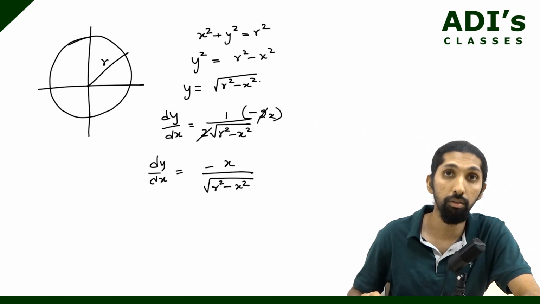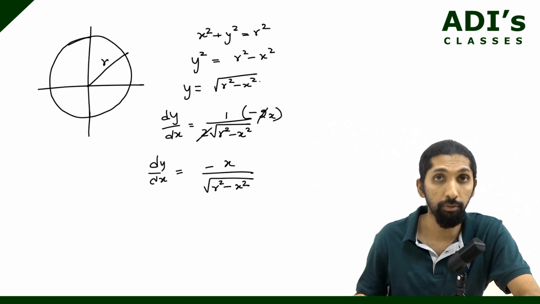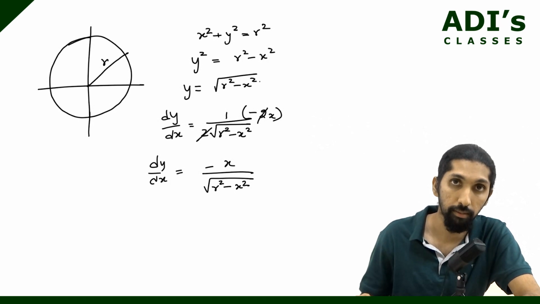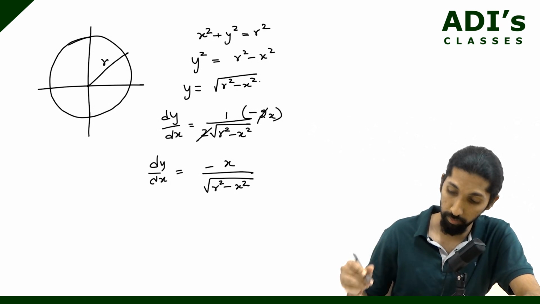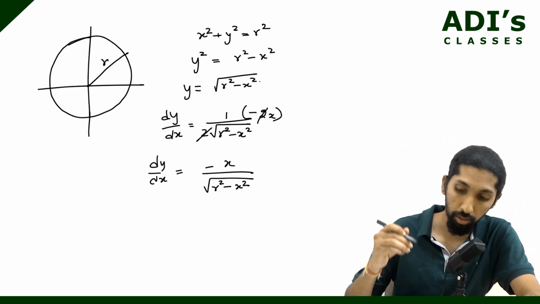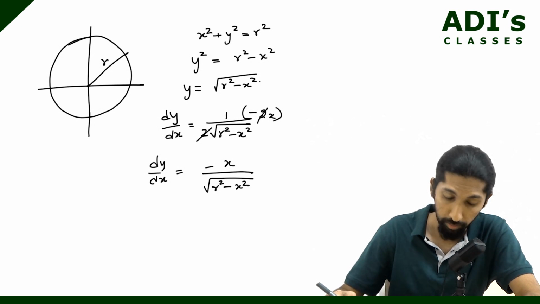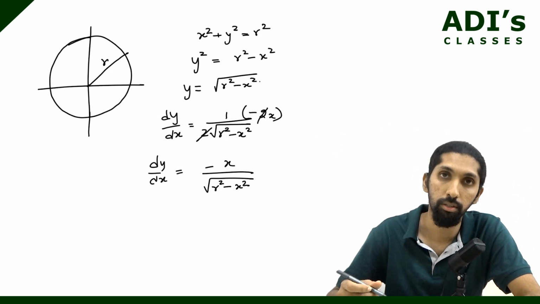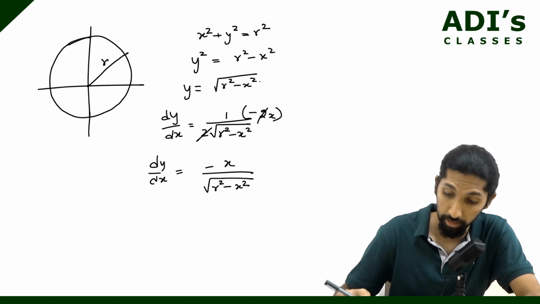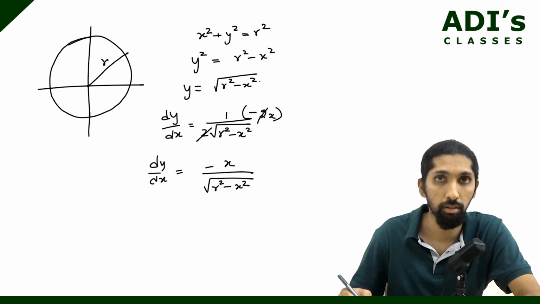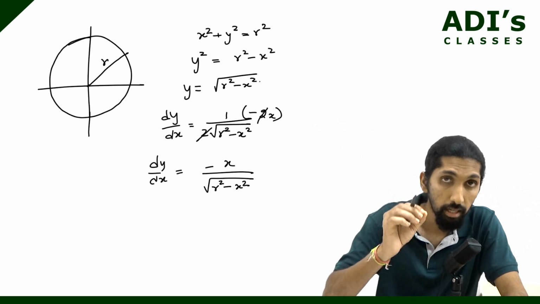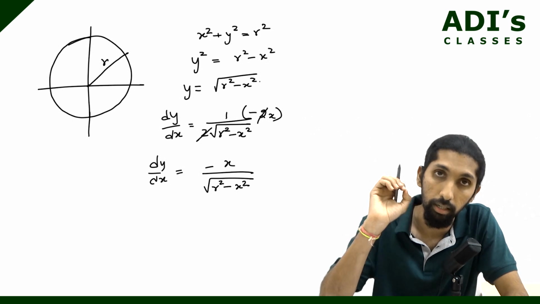Now we got this value. What we need to do is frame a differential equation, isn't it? Once you have this value, we don't have this dy by dx in the equation, right? We still have that arbitrary constant r, isn't it?